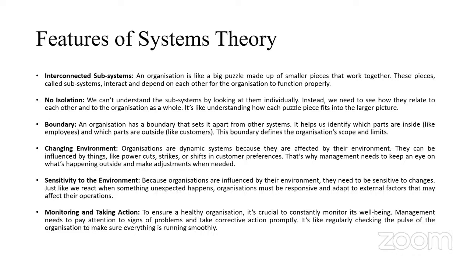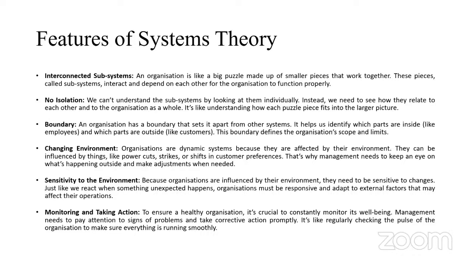Right? Then one more feature of systems theory is the changing nature of the environment. All organizations are dynamic systems because they are affected by their environment, which is constantly changing. They can be influenced by so many things that are happening outside. There could be changes in customer preferences, strikes, elections, election results. We recently saw stock markets falling up and down because of election results, right?